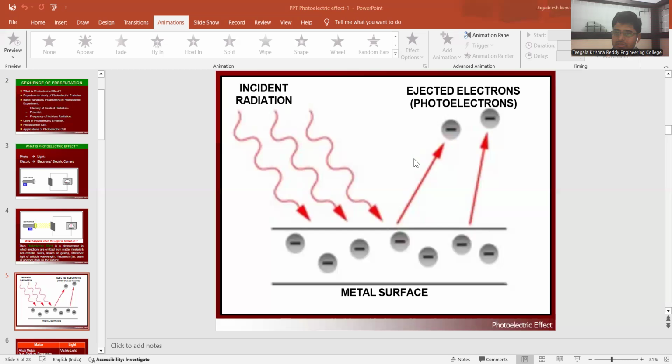When light having suitable frequency is incident on the metal, the electron is emitted from the metal, and that electron passes through the circuit. The current due to the electrons is called the photoelectric effect.